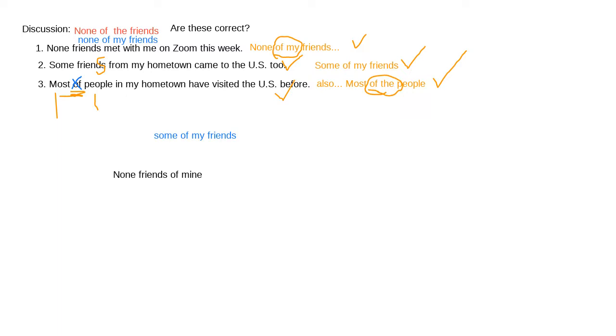I was thinking zoo. Oh, yeah. If it was Zoom, then we would not capitalize it, and we would say met with me at a zoo, because zoo, that's a place. When it's a computer, we usually use on the computer, on Zoom, on TV.